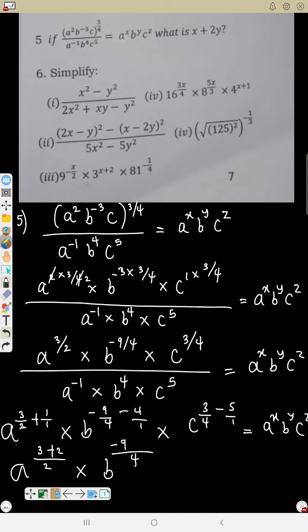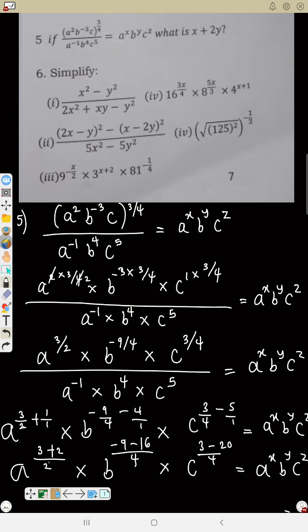So this will be minus 9, 1 and 4, so 4 times 4, 16, times c raised to power, LCM 4. 4 in 4, that will be 3 minus 4 times 5, 20, equals a raised to power x, b raised to power y, c raised to power z.